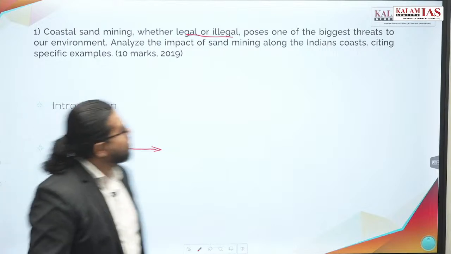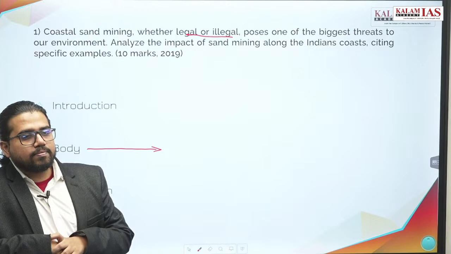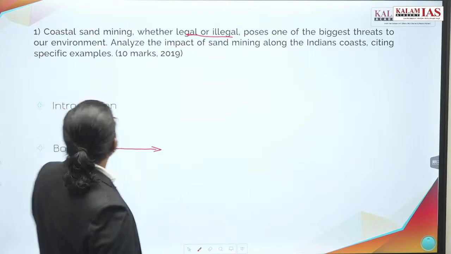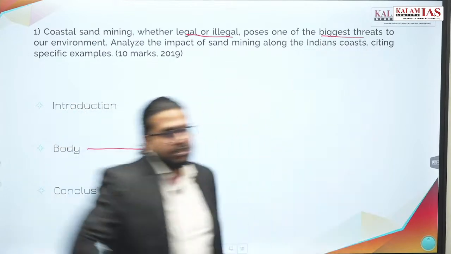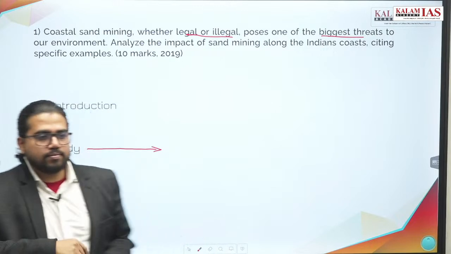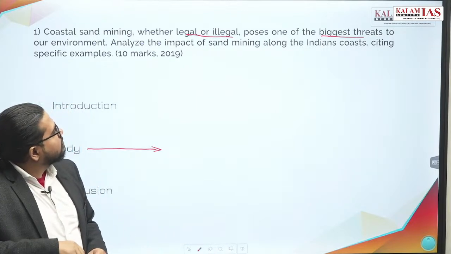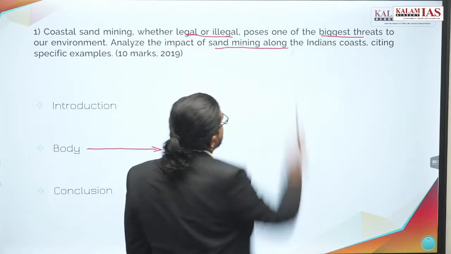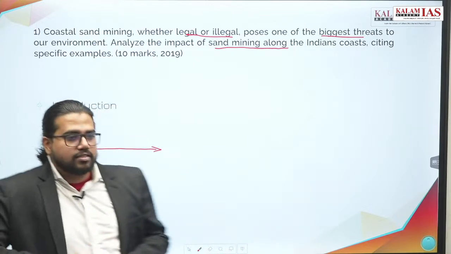We have a statement. What will you do to substantiate it? You are giving how it is the biggest threat. This part you are trying to substantiate. Very good. Citing specific examples.